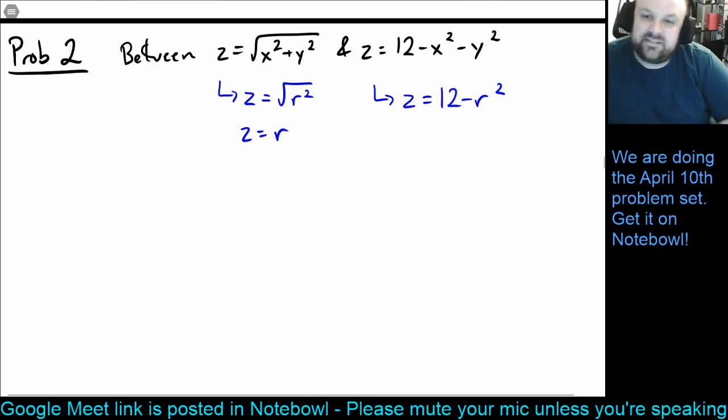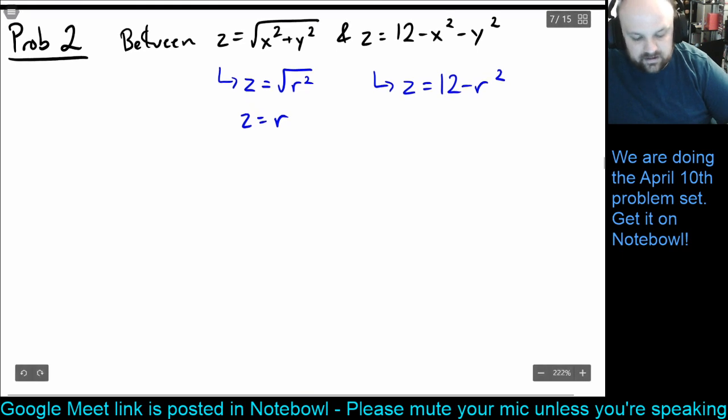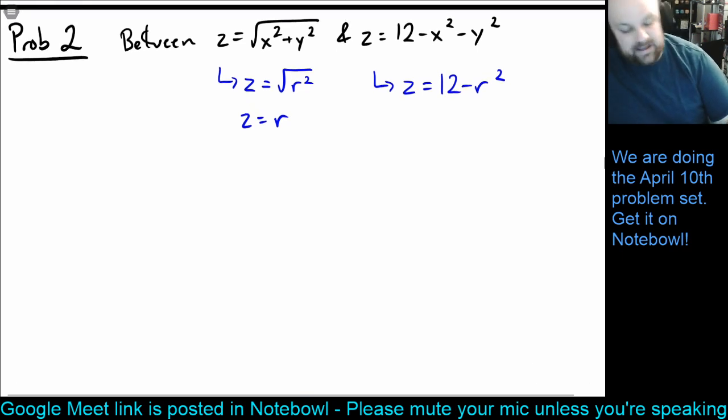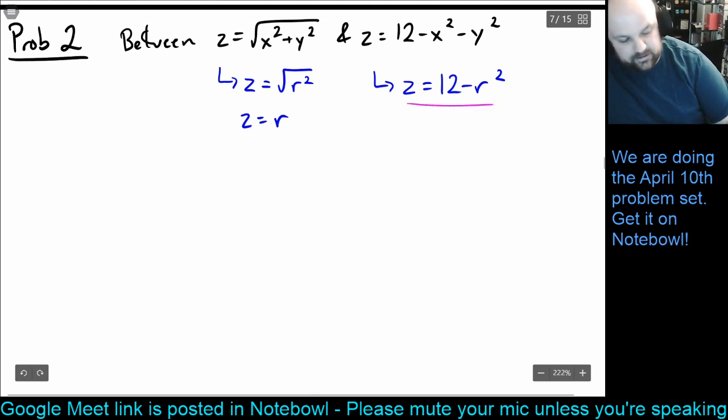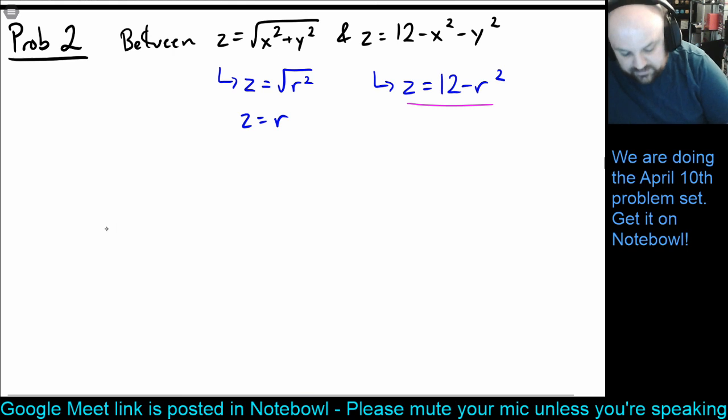So now we have these two, and we need to start figuring out how we set up the integral for these. So the graphs of these things, let me try and do that here. I'll graph this one in blue and this one in pink. The shape of this cone, this is the nice 45-degree cone.